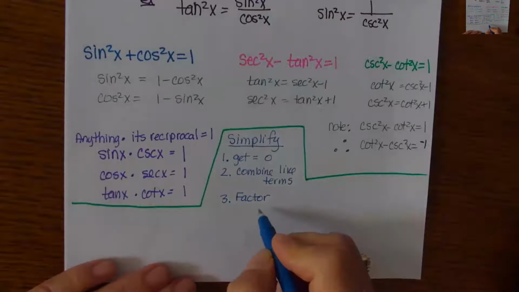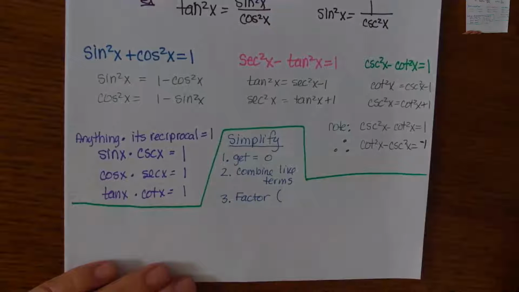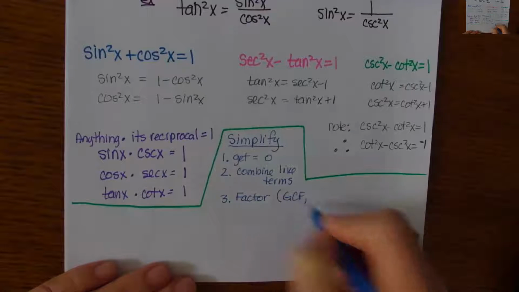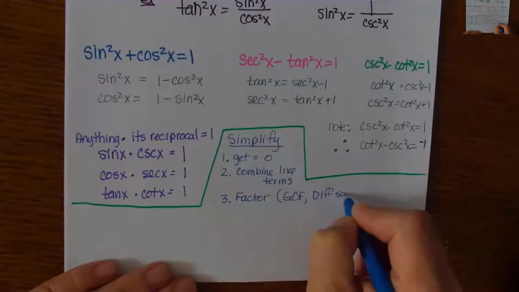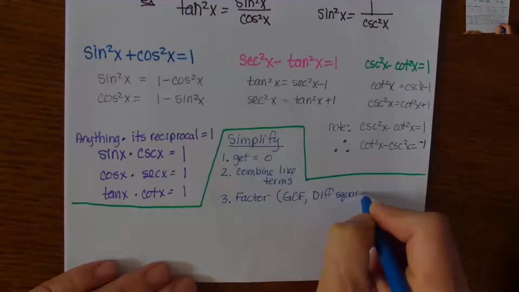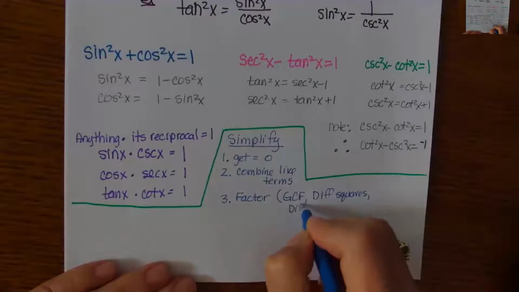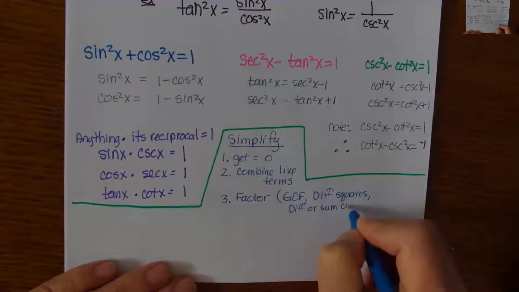When we factor, what do we always try first? What's the number one thing to try? Always. Yes. We do the GCF, right? And then we look to see if there's two terms, we look for a difference of squares. Or we look for a difference or sum of cubes.